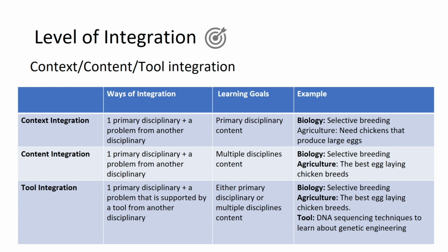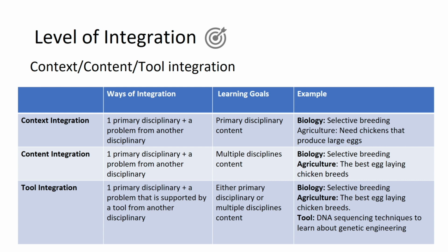Now, if you're doing content integration, both biology and agriculture are highlighted. So you're not only teaching selective breeding, but also you want your students to learn what the best egg-laying chickens for the breed are. The tool integration is extended from context and content integration.